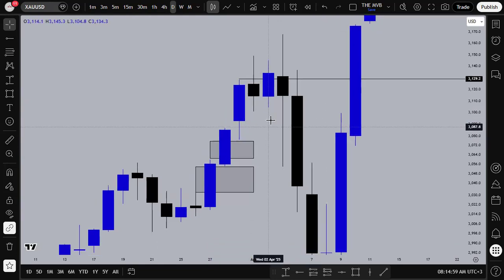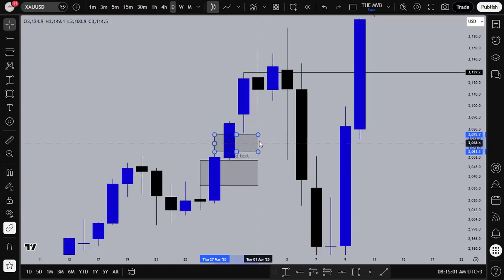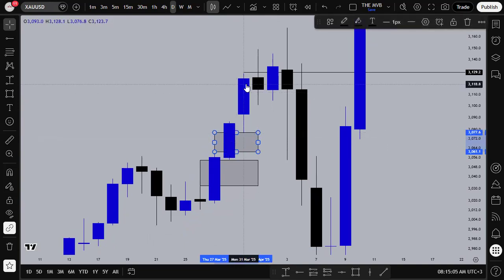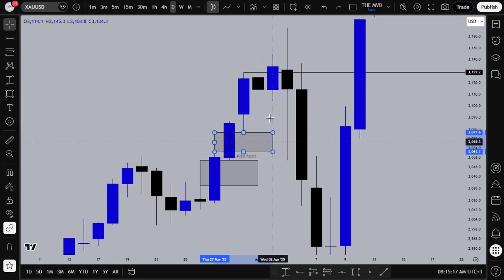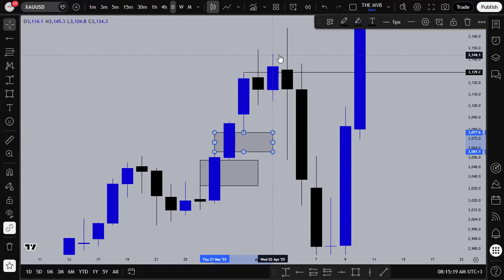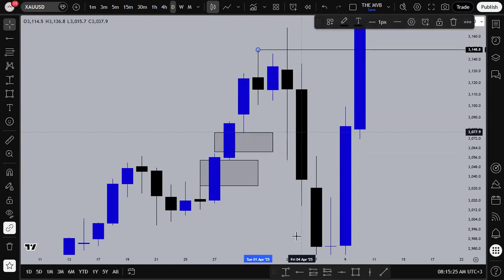See this second fair value gap here. The third candle was big, so price did not come. It came later, but this is not the move that we were waiting for. But look, we had a sort of continuation, but we failed to close again here. That's why we have a very big move downwards.